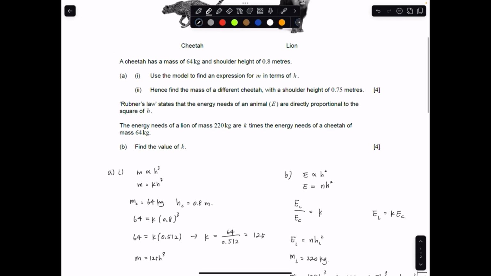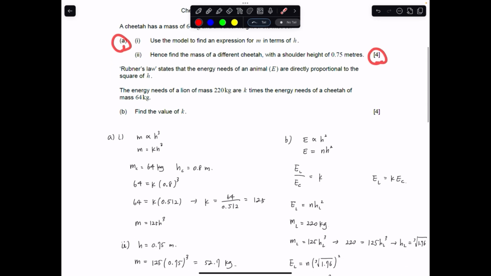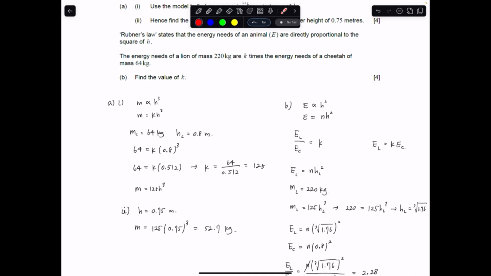And so I want to go over how your answers are graded. Notice that this part A is worth 4 points. Now, the points are given in very specific manner. And so there's a thing called the method points and the answer points. So for this part 1 of A, it's worth 3 points, and this part 2 is worth 1 point. Now, the points are given at these very specific steps.